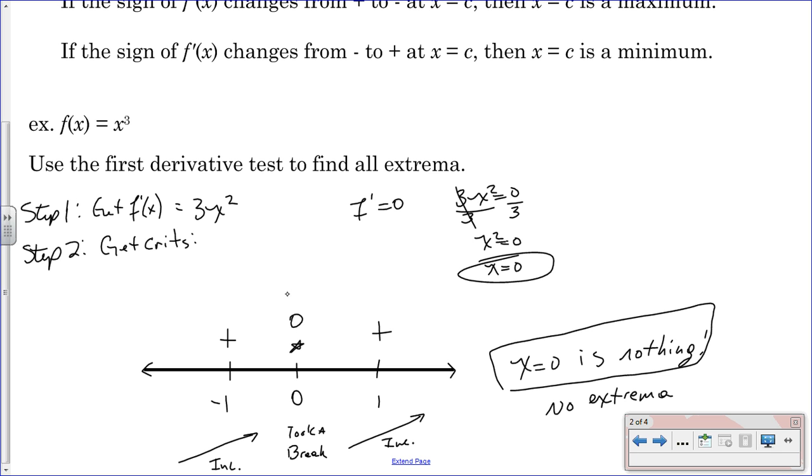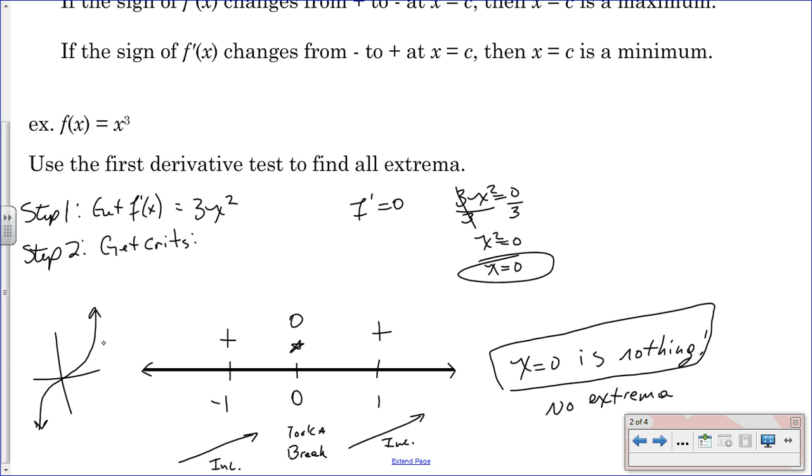All right, and if you remember what the graph of x cubed looks like, it is simply that right there. The slope of the tangent line is always going to be positive, because if you put a negative in here, you end up squaring it anyway, so you're multiplying 3 by a positive number.